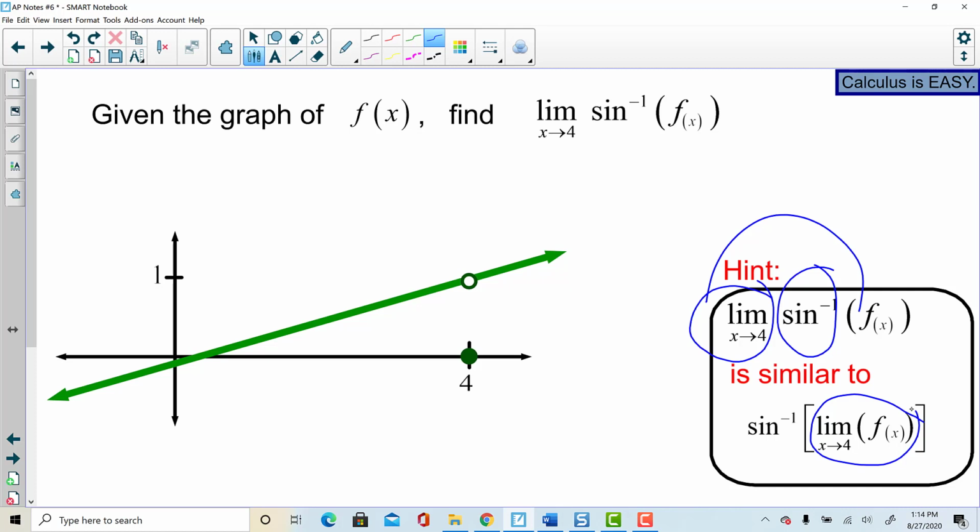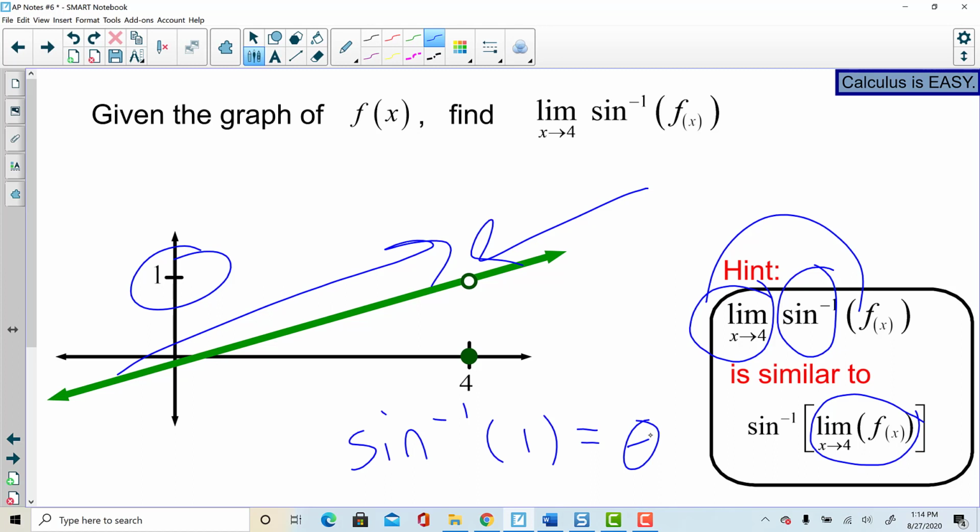So the limit as x goes to 4 of f of x, you can see the limit from the left and the limit from the right are both equal to 1. So that would give us sine inverse of 1. And we can rewrite that as sine of theta is equal to 1. Now we know what angle gives you 1 for sine. It would be 90 degrees or pi halves. So the answer to this limit is pi halves.